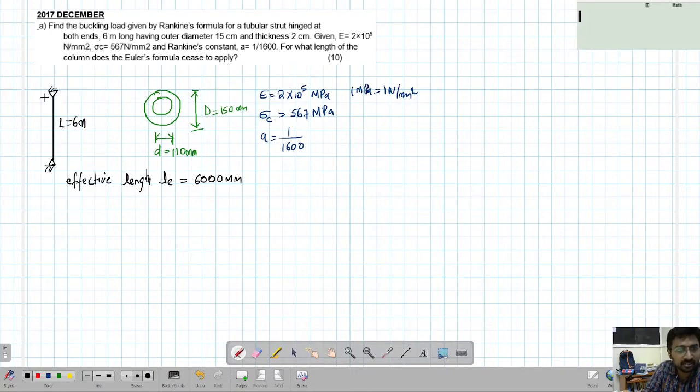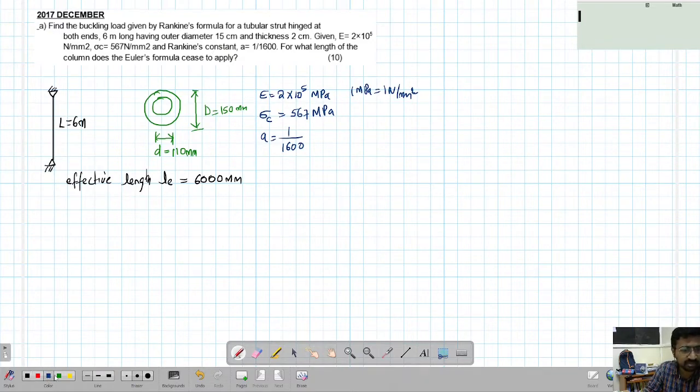When both ends are hinged, the effective length is 6000. If both ends are fixed, the effective length will be half of this. So it depends upon the end conditions or boundary conditions. This is very, very important. When it is hinged and hinged, the total original length we have to consider as the effective length.